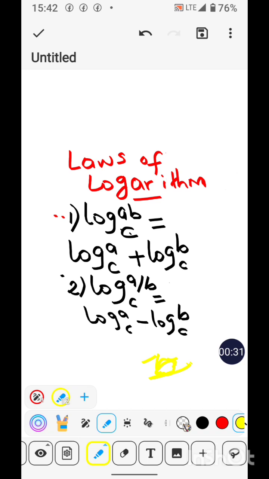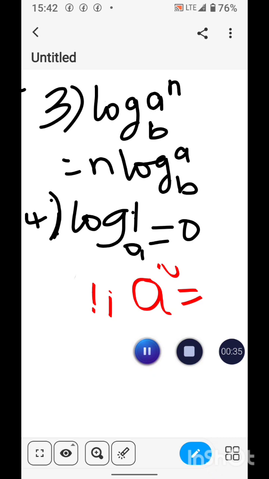We equally have log a raised to the power n to the base b, giving us n log a to the base b, and log 1 to the base a, giving us 0, right?